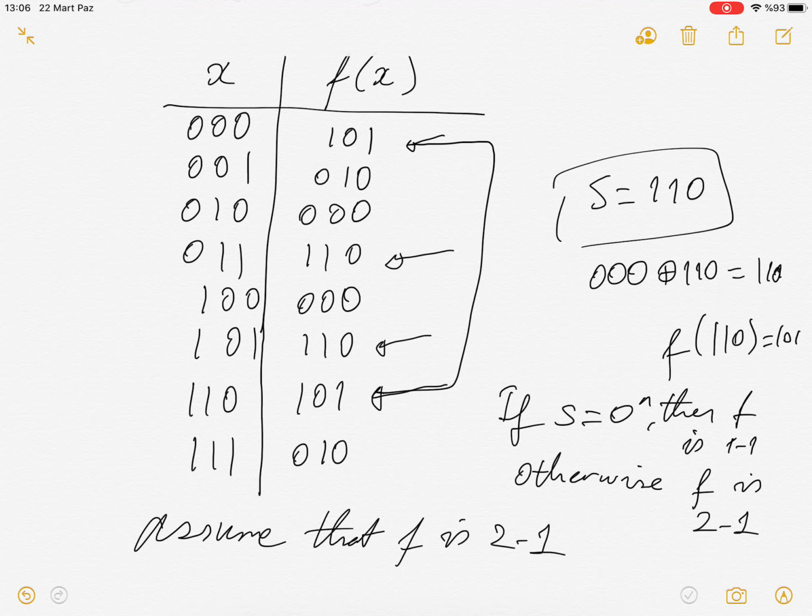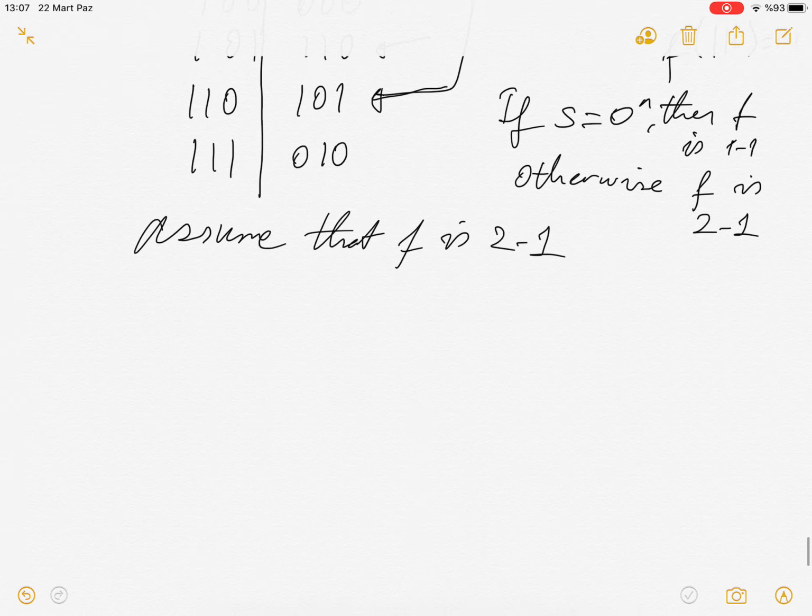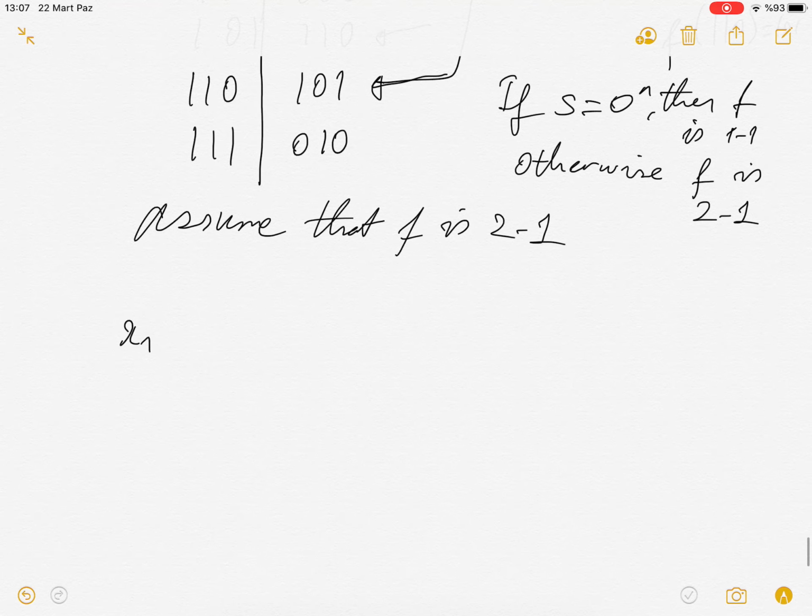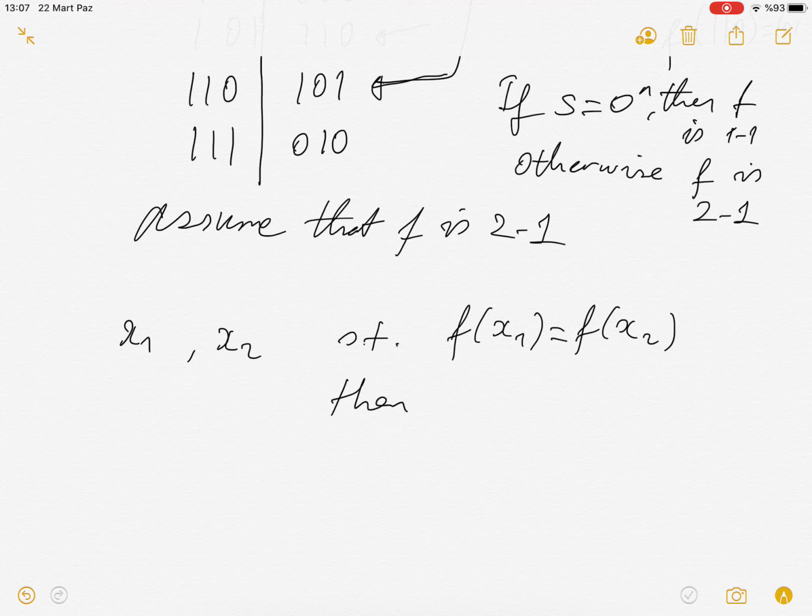If we ever find two inputs, x1 and x2, such that f(x1) equals f(x2), then we are assured that by definition x1 is equal to x2 XOR s for some s.